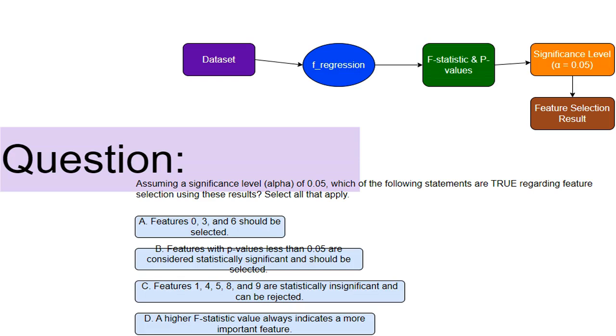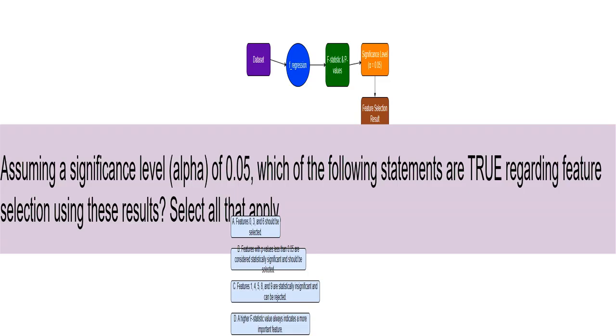The questions are designed to test my understanding of statistical significance and how to interpret the f-statistic and p-values. I am given a significance level, and I am assessing which features are statistically significant. This means, given my data, are these features really related to the target variable or did it happen just by chance?